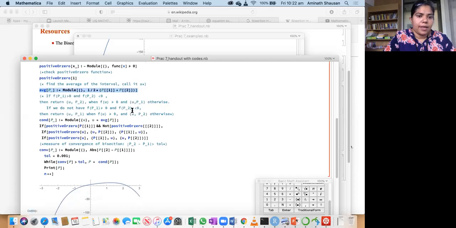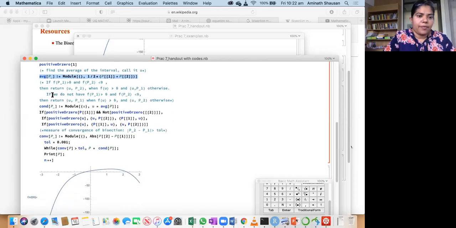For the bisection method, if f of the first endpoint is bigger than 0 and f of the second endpoint is less than 0, then return the midpoint and P2 when f of the midpoint is bigger than or equal to 0.